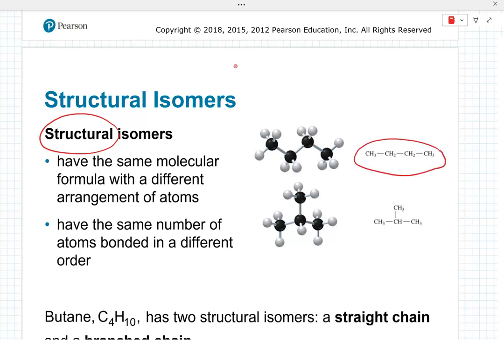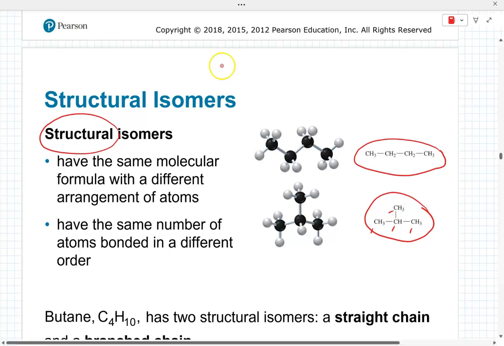This is a formula of a molecule of butane. Now, if you rearrange the atoms here, rearrange the bonds, this is also a molecule of butane. It's going to have a slightly different name, but it still has 4 carbons, and if you count, 10 hydrogens.